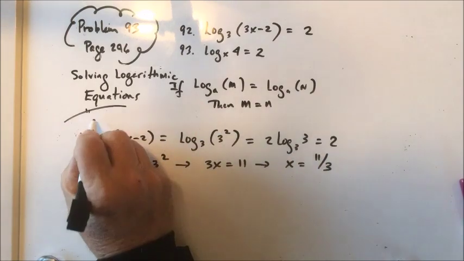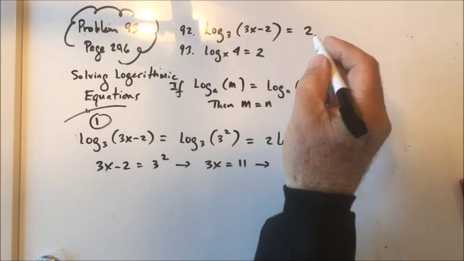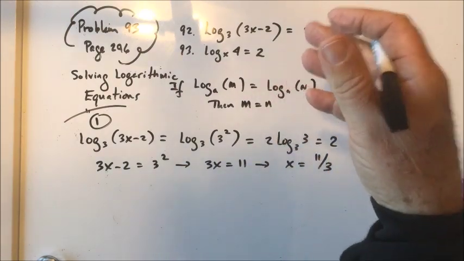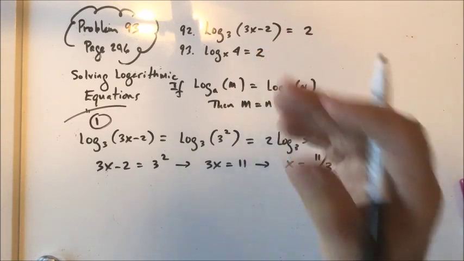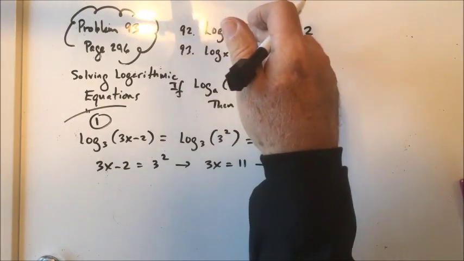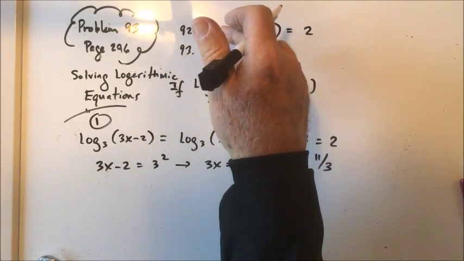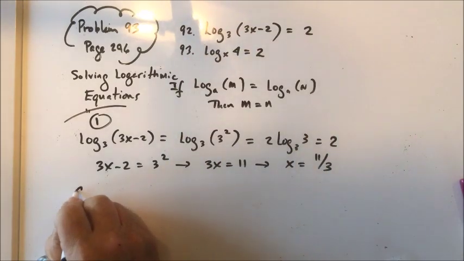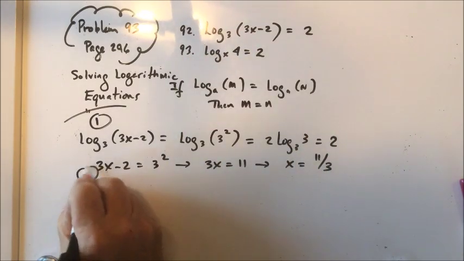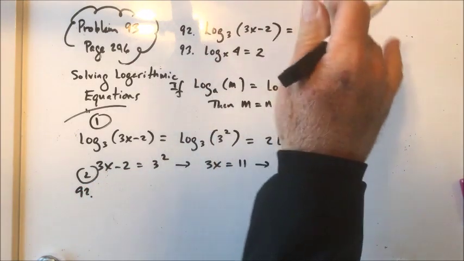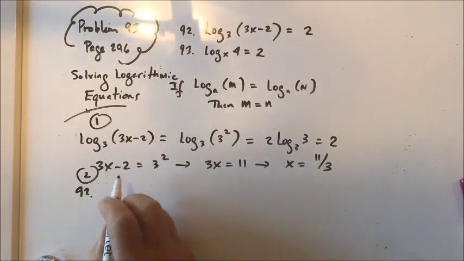So that's certainly one way to approach this problem. But probably the preferred way, the way that you're going to grow to like to approach both of these problems, is just to make use of the inverse properties of the logarithm. The inverse of log base 3 is 3 to the x. So to do problem 92, the second way, let's just raise both sides of this equation up as exponents on 3.